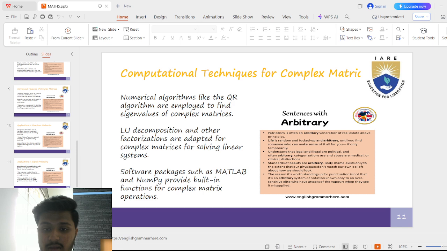Software help: programs like MATLAB and NumPy already have built-in tools to handle complex matrix calculations, so we don't have to do all the steps manually. In short, there are smart algorithms and software that make working with complex matrices much easier.